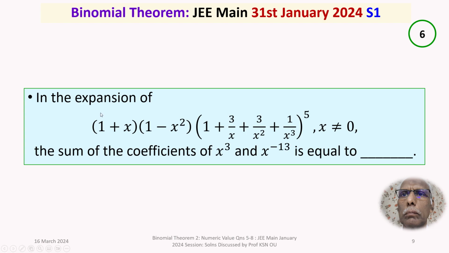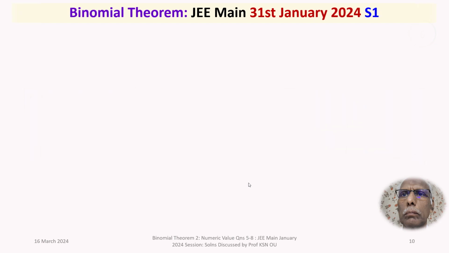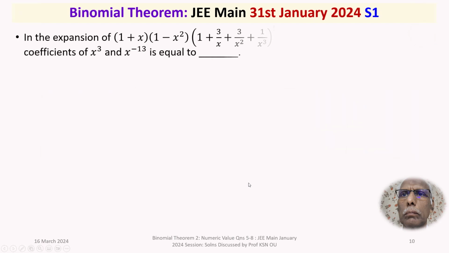So in this expansion, you have to compute the coefficient of x³ and the coefficient of x to the power of −13 and sum them up. And what is the answer? That is the question. Let's now discuss the solution of the problem in detail.